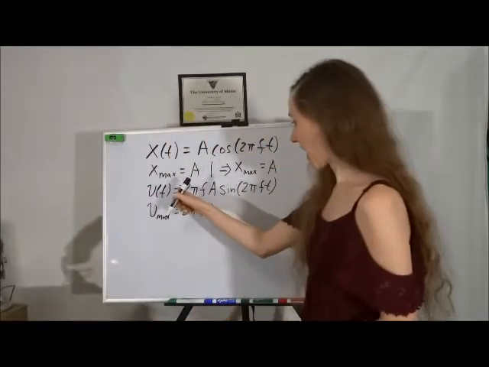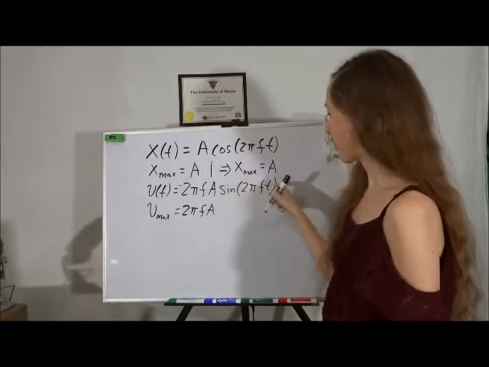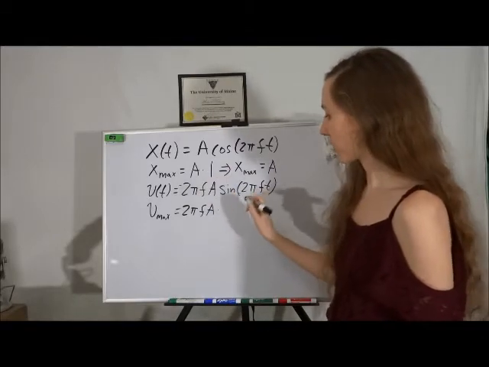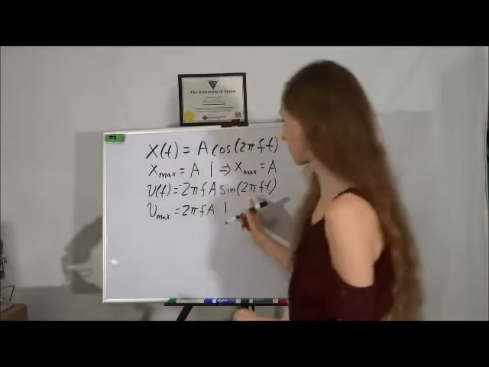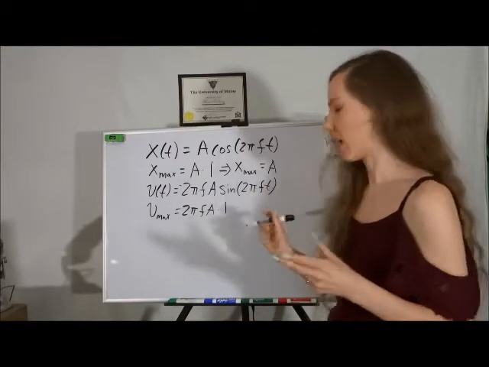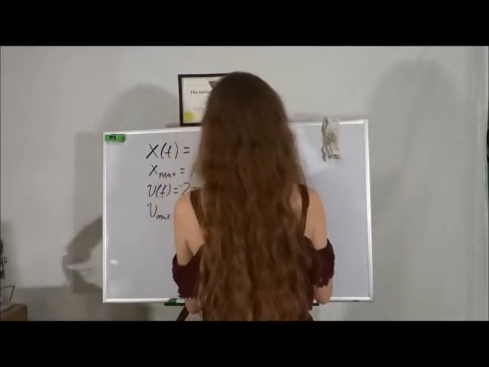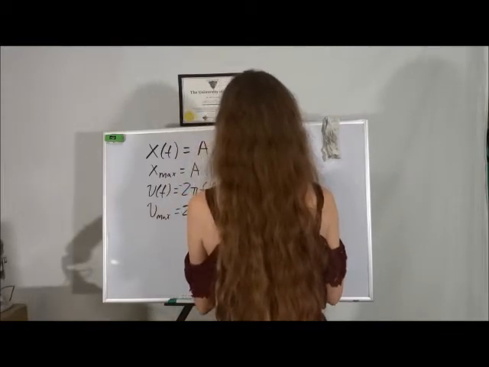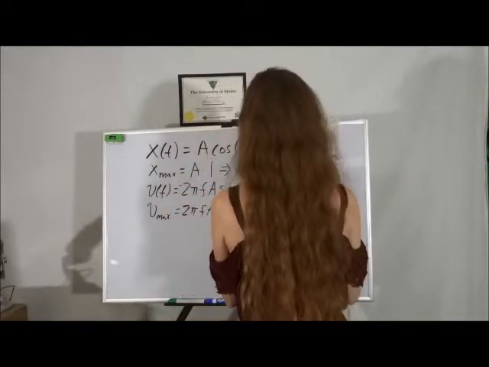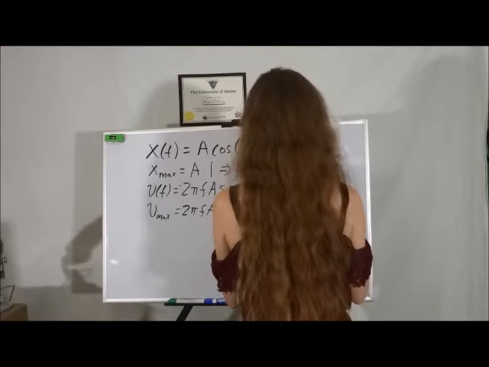If we have -1 here and -1 here, that's going to give us a value of +1, and that's going to be the maximum. So our v max equation is just 2 pi f A.